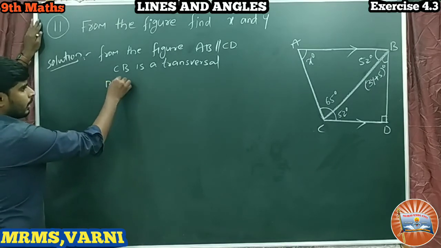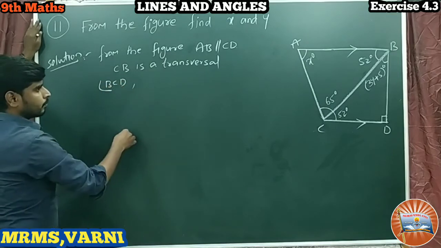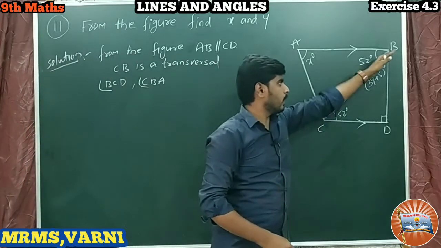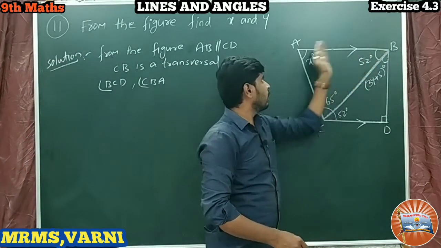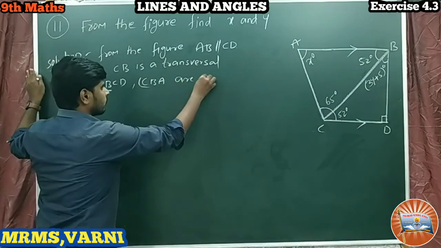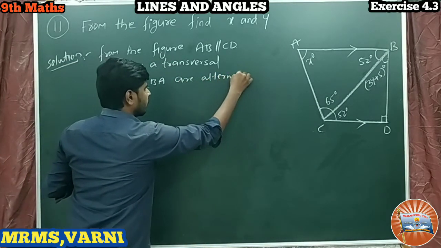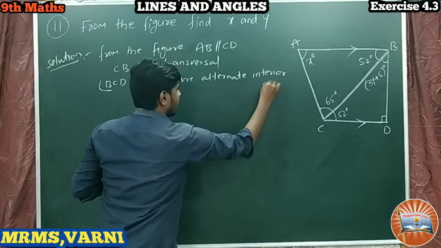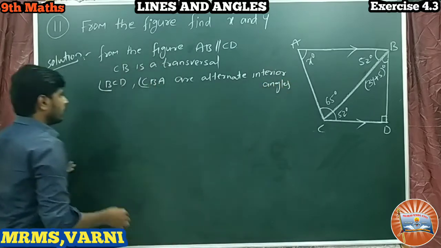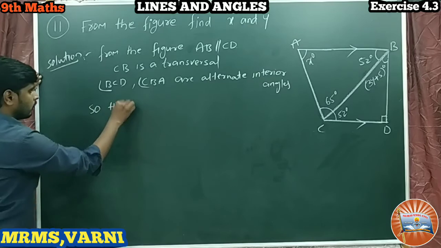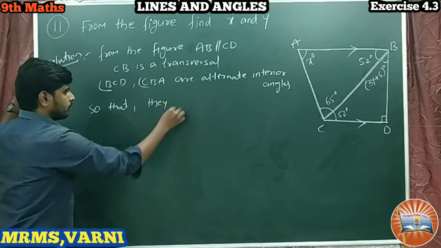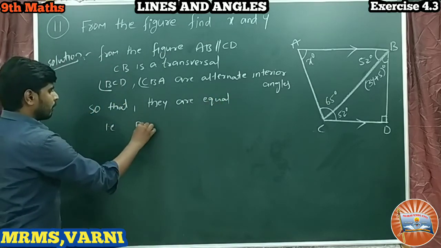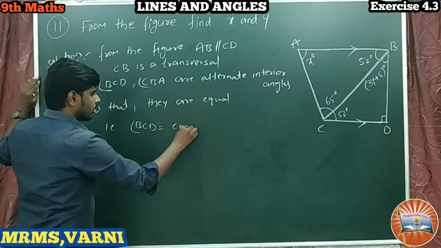Angle BCD, comma, angle CBA, BCD and CBA are alternate interior angles, so that they are equal. That is, angle BCD is equal to angle CBA.